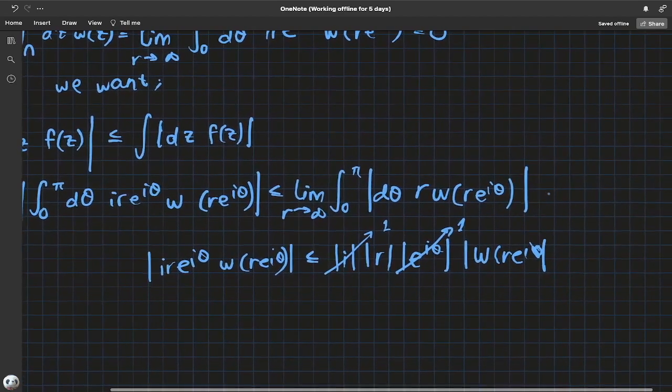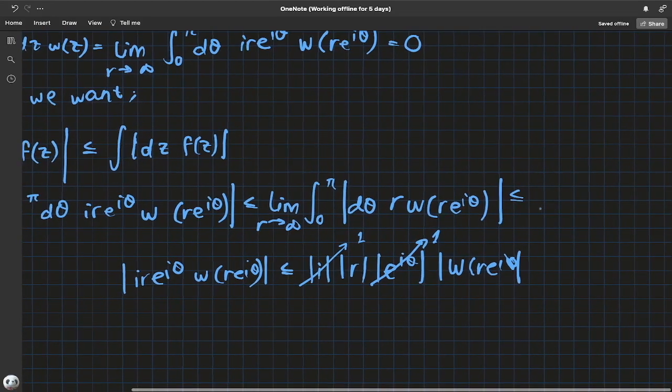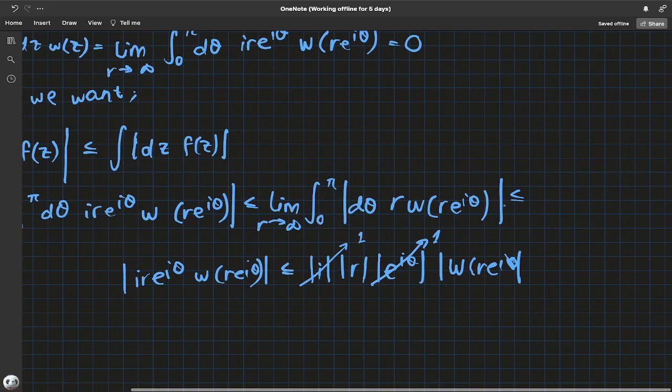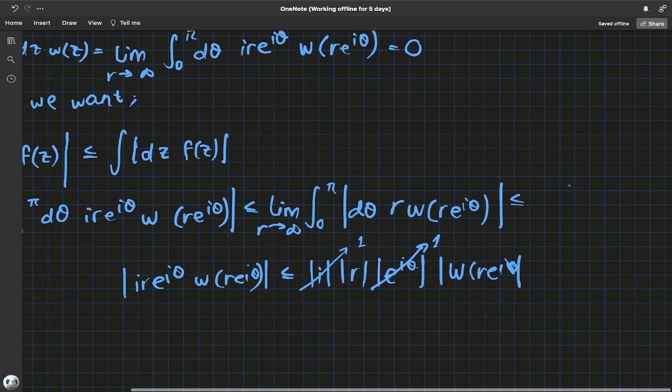Now we can do another quick approximation. We can say that w takes a maximum on this. We can use some theorems because we know that it's continuous, so we know it should take a maximum. These are theorems from basic calculus. While d theta will take a maximum of pi on the 0 to pi interval, so we have pi outside. Limit as r goes to infinity. Well, r is independent of theta, so take it out.